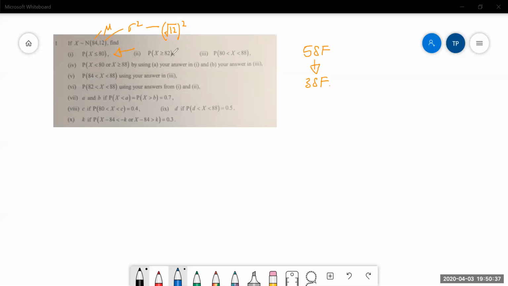Okay, so for part 4, they want the probability of x lesser than 80 or x greater or equal to 88. How do we find this?